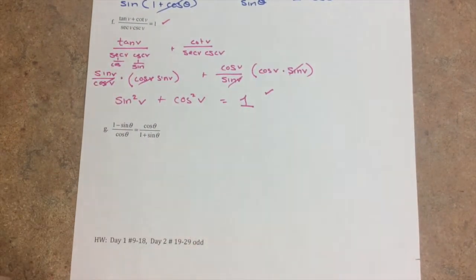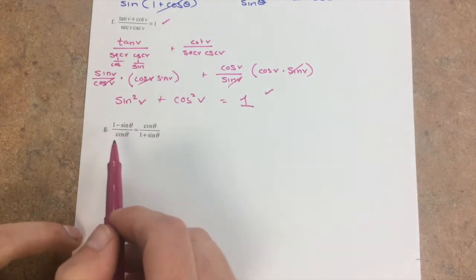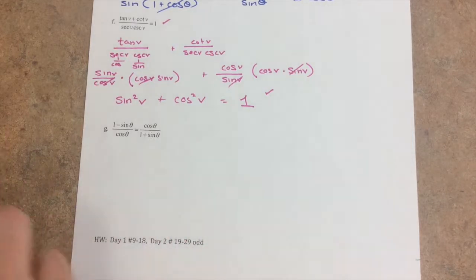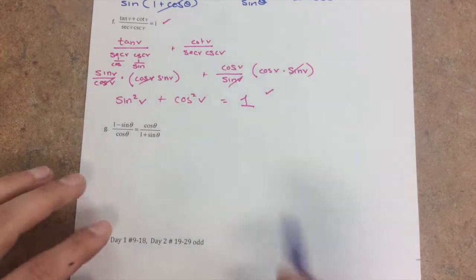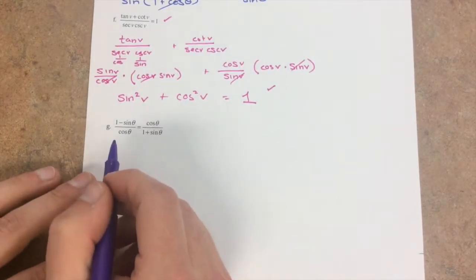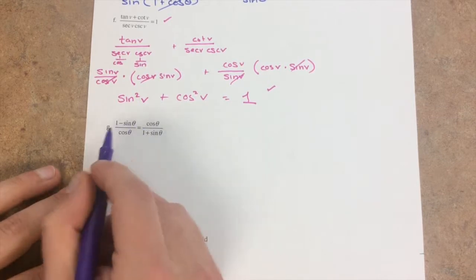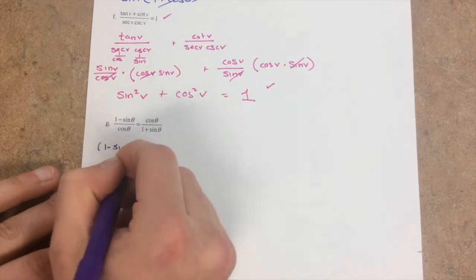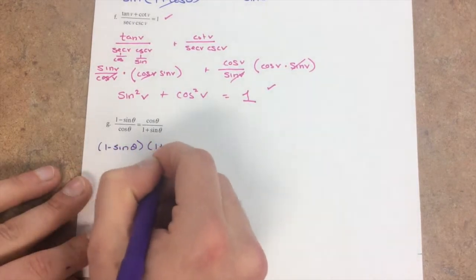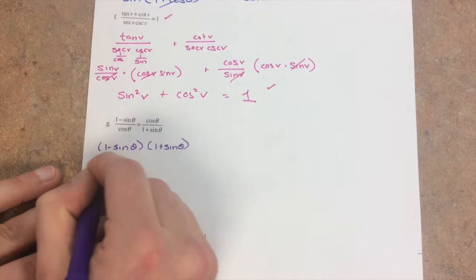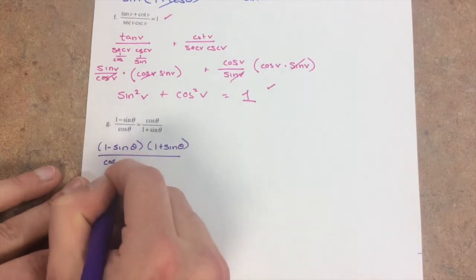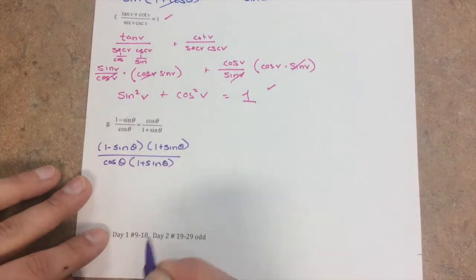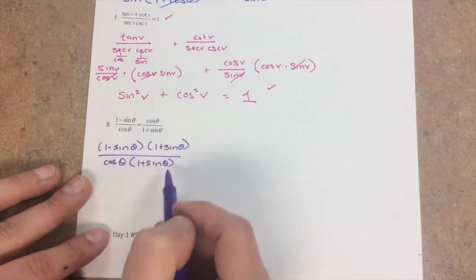Last up, I want to show that 1 minus sine theta over cosine theta is equal to cosine theta over 1 plus sine theta. So, first things first, I want to get a 1 plus sine theta on the denominator, so that means I'm going to multiply the top and bottom by 1 plus sine theta. So I just multiply the top and bottom by this whole thing.